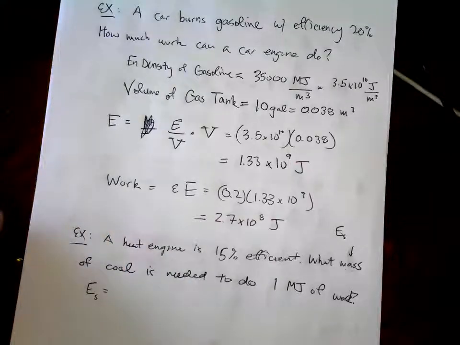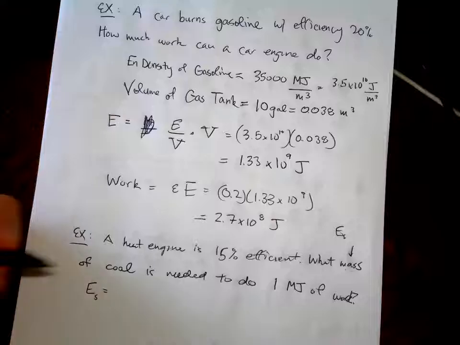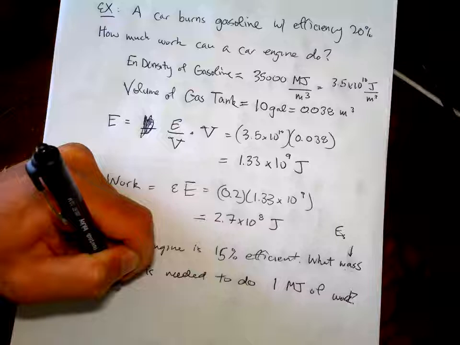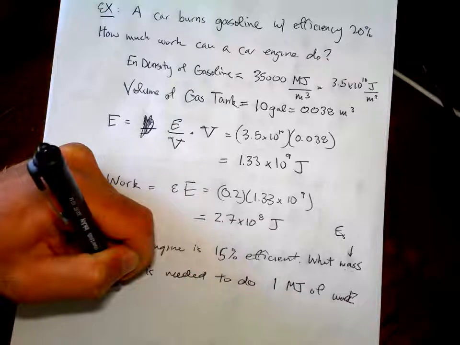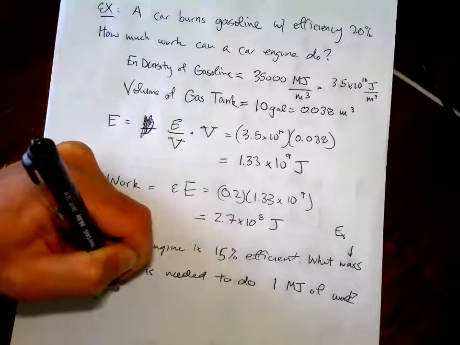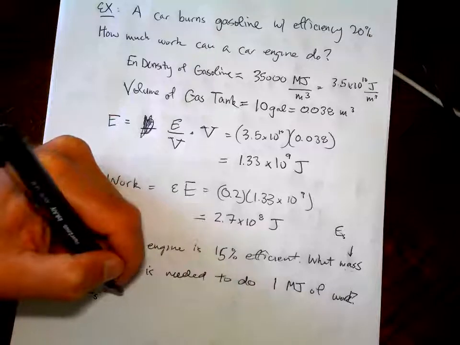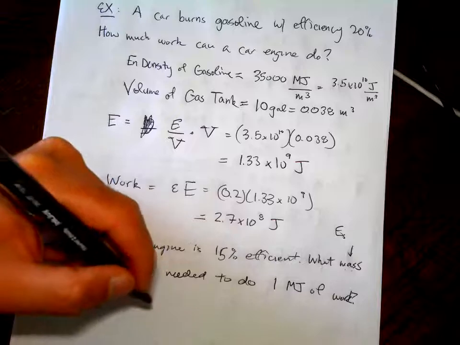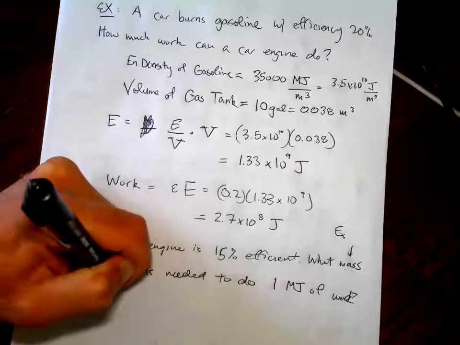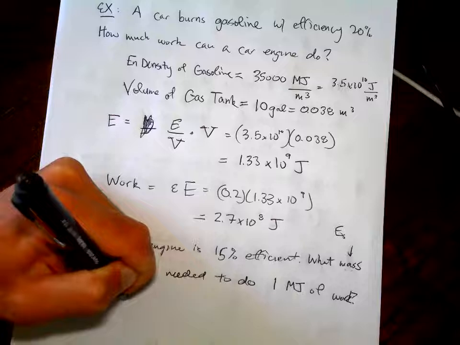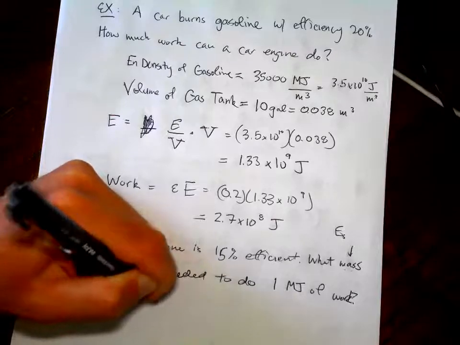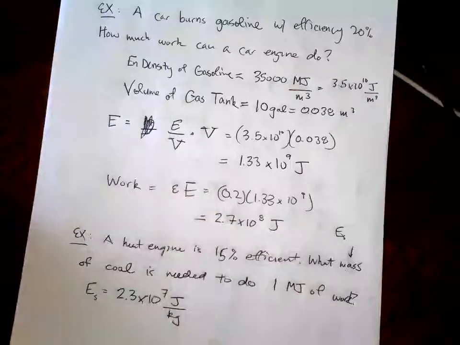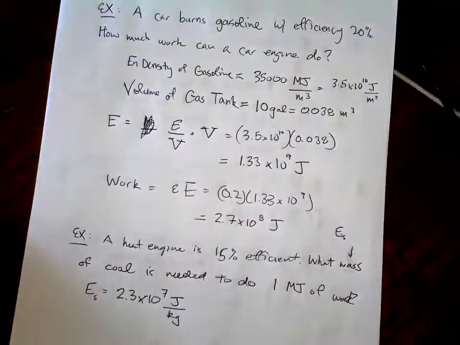So I know that the specific energy of coal is 22.7, so we'll say 2.3 times 10 to the 7th joules per kilogram. That's the specific energy of coal.